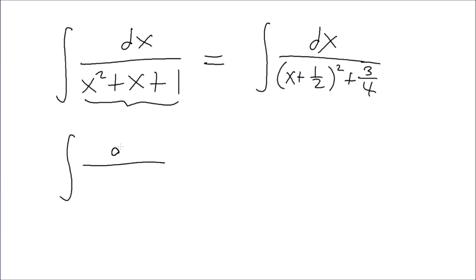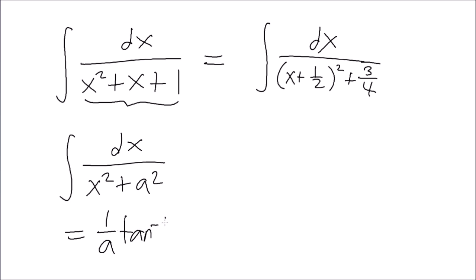Whenever you have something like 1 over x squared plus a squared, this is equal to 1 over a inverse tangent of x over a plus c. That's what it is.